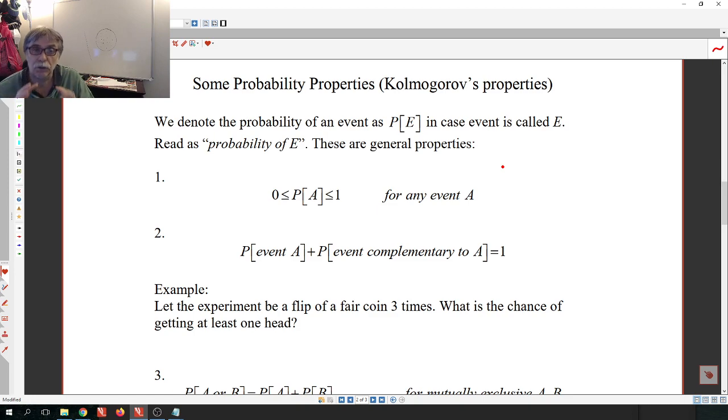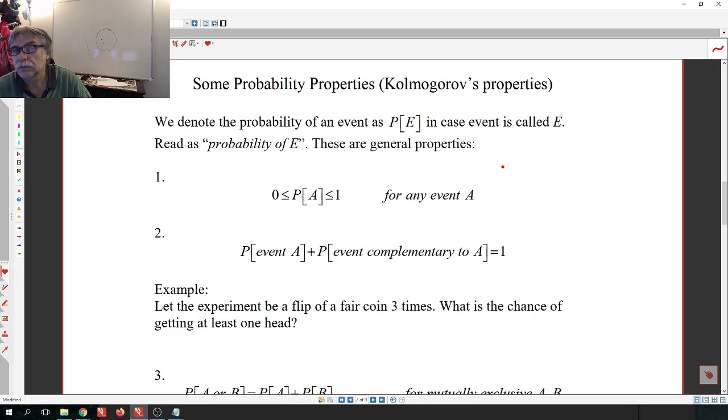Now, according to Kolmogorov, if you want to have a probability, you need to have an assignment of a number between 0 and 1 to every single event. How are you going to do that? It's a different story. You might have this formula we just mentioned. You might have something else like area, relative area, in the case of this whiteboard, or it could be something else like a distribution function that I mentioned.